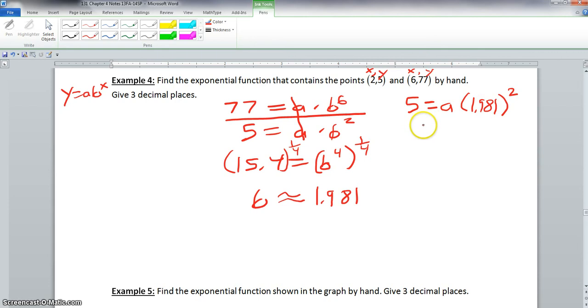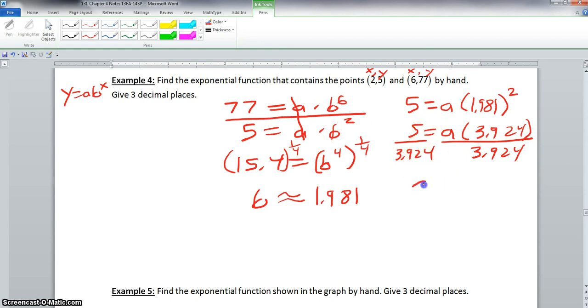So first of all, we would take 1.981 squared. So we have 5 is equal to a times 3.924. And then we would divide each side by 3.924. So 5 divided by 3.924 would give us a is equal to 1.274.